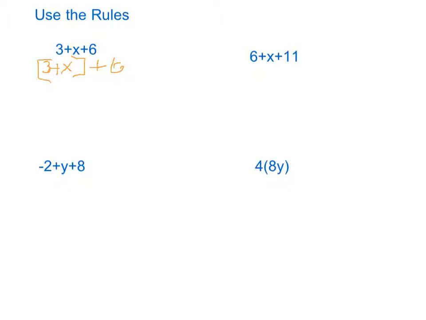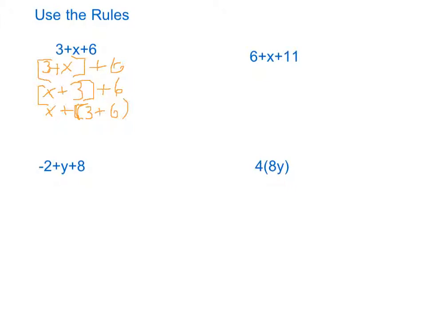All right, well, I'm going to move those two around, so now I'll be at x plus 3 plus 6. And now I'm left with x plus 3 plus 6. Okay, I'm not doing any more moving around, so I'm not going to use brackets on that part.